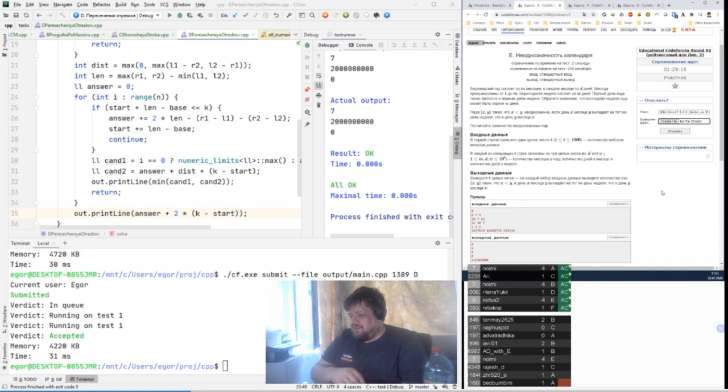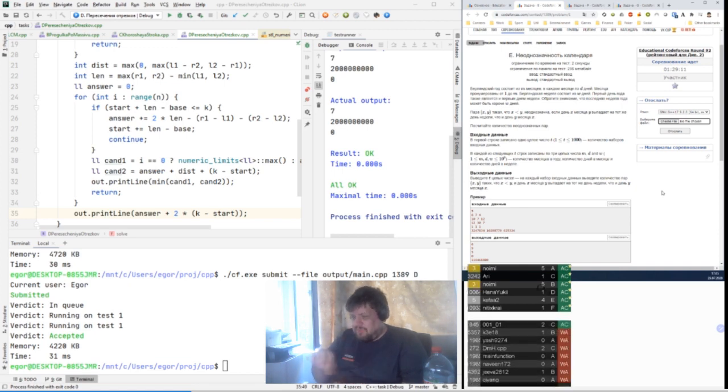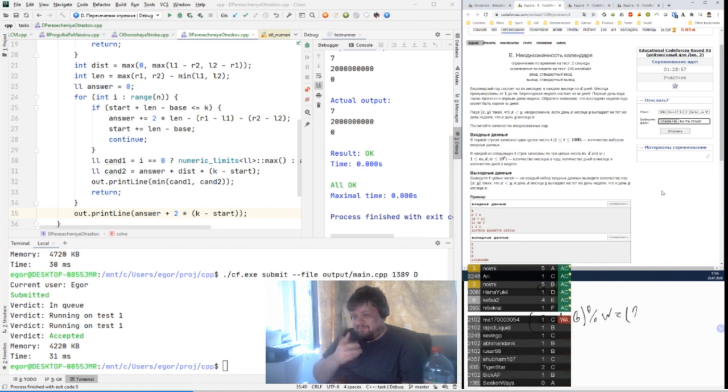So yes, we can write the equation. Suppose we have day a in month b and day b in month a, and they should be the same weekday.